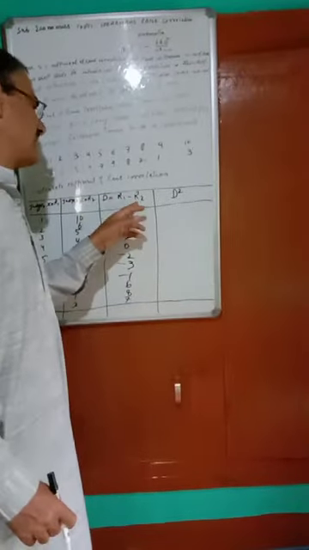This is d, the difference of ranks, that is rank 1 minus rank 2.